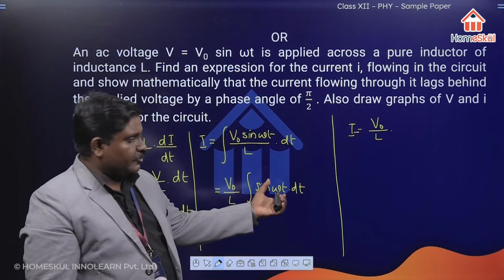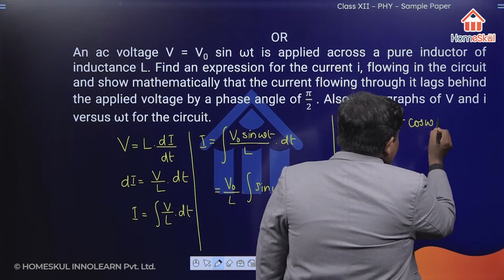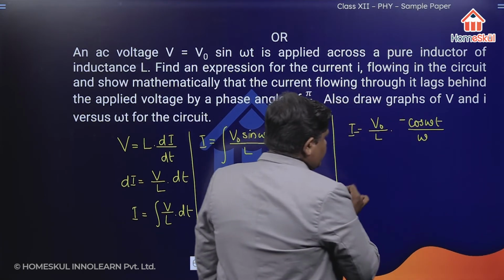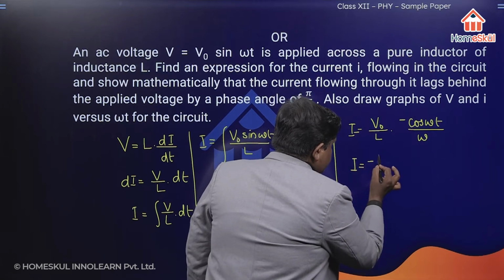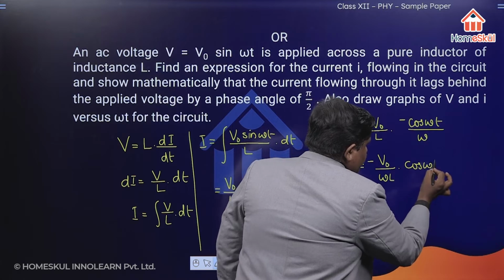What is integral sine omega t dt? That is minus cos omega t by omega. Therefore I is equal to minus V0 by omega L into cos omega t.